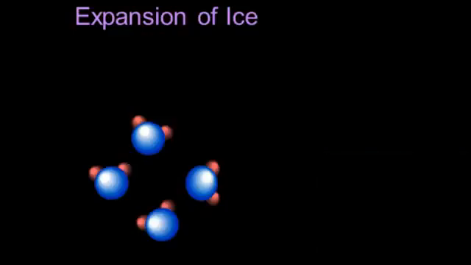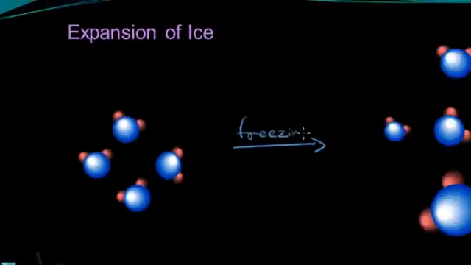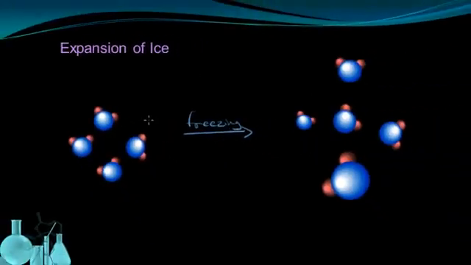So now let's lower the temperature of these water molecules and let them freeze. So we're freezing, and they're going to come to a new arrangement. What happens is, with the temperature lowered, the water molecules are not moving as much, and the hydrogen bonds have a chance to really set into place. So we start seeing hydrogen bonds forming again, but these ones don't fade away the same way they did in the liquid.